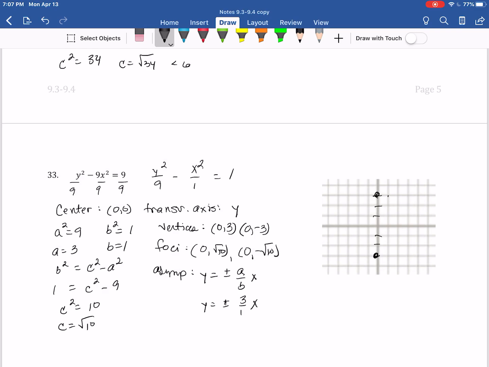If we want to do this rectangle procedure, I'm going to go out a distance of 1 on either side of my vertices and construct your little rectangles, tall and narrow this time, because 3 is the rise and 1 is the run. And we're going to connect opposite corners. Close enough. And then we located our vertices on the y-axis, so we've got this narrow hyperbola going something like that.